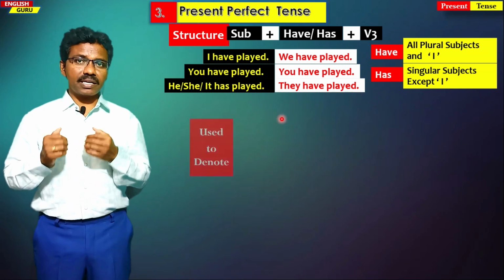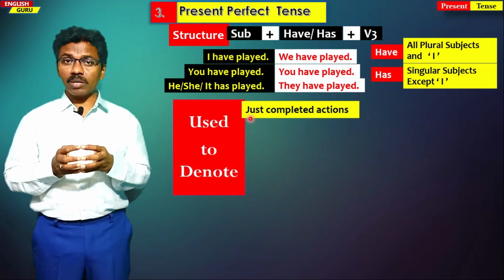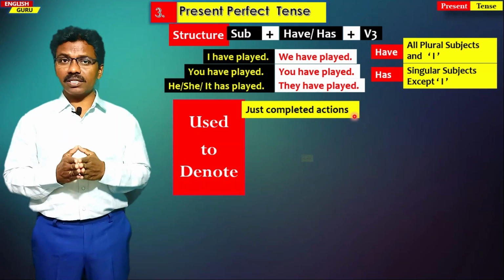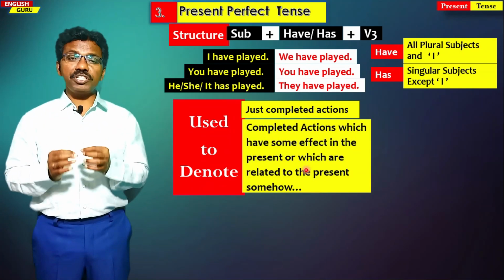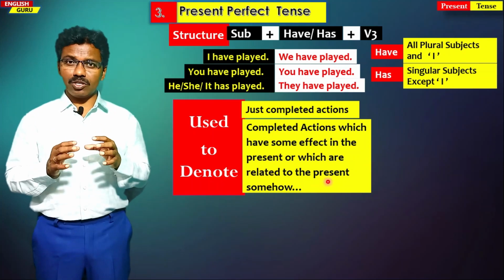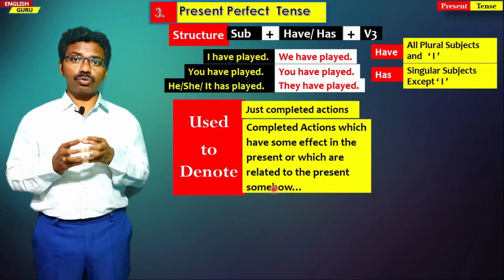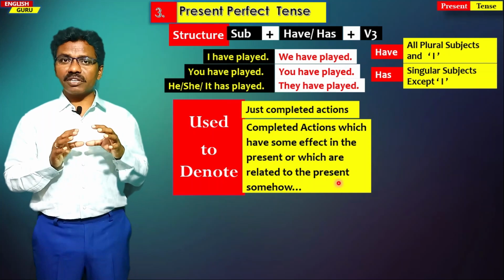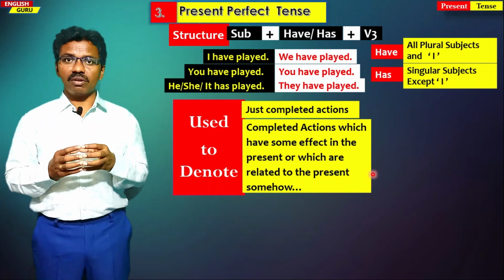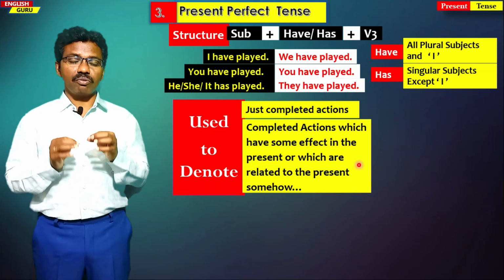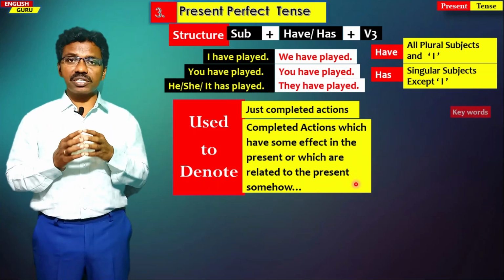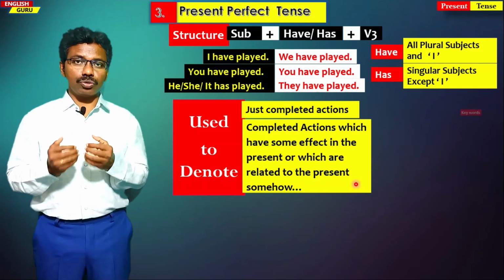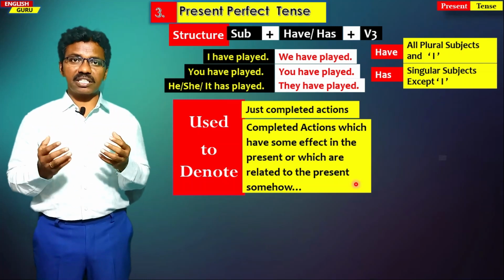And this particular tense is used to talk about the actions that are completed just now. Not only that, completed actions which have some effect in the present or which are related to the present somehow. So for such kind of situations, we use this particular tense, and there are certain words which guide us to identify or use this particular tense in an effective manner.